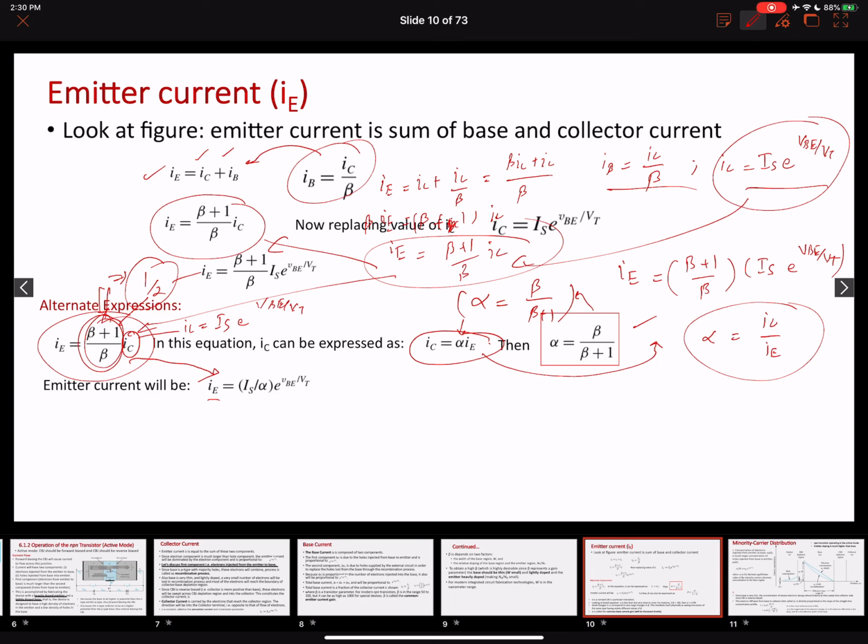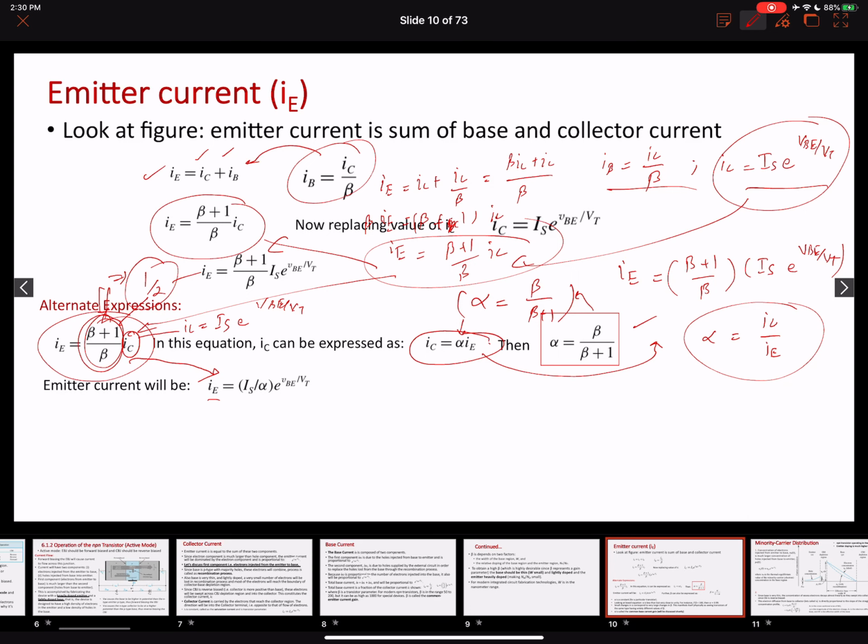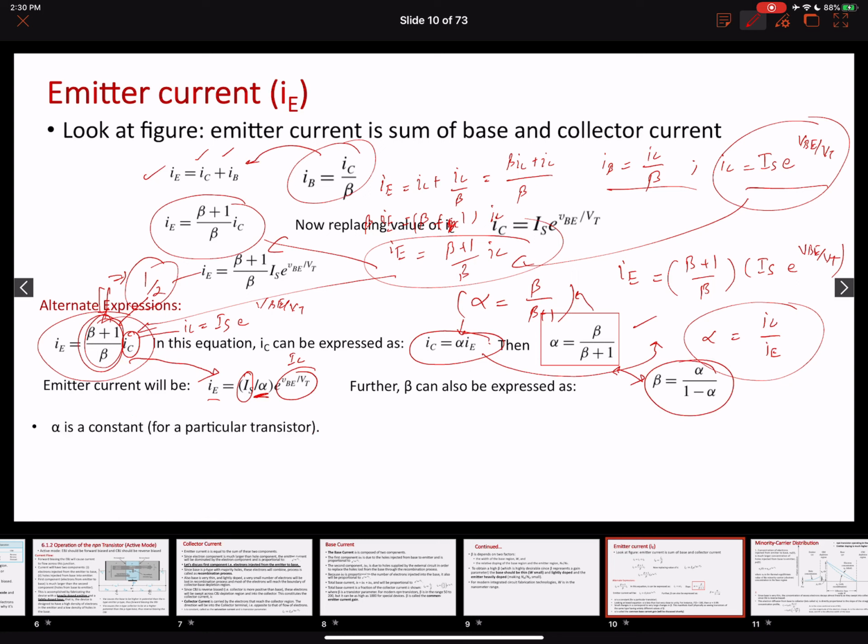So I can easily rewrite this as IS e raised to power VBE over VT, which is IC, times 1 over alpha here. So these are alternative expressions. If you rearrange this, you can also express beta as alpha over 1 minus alpha. So the important thing over here, like beta, alpha is also a constant and is one of the transistor parameters.